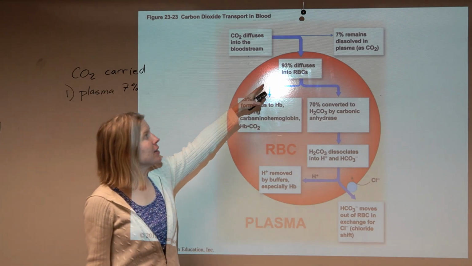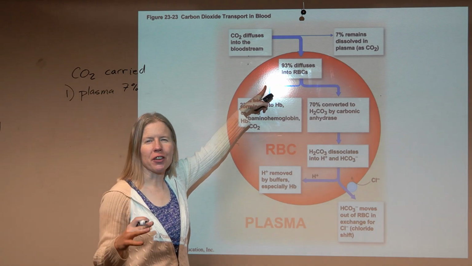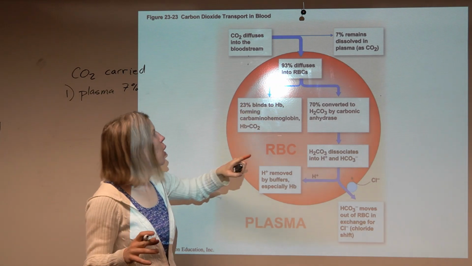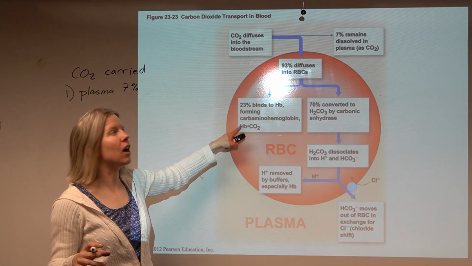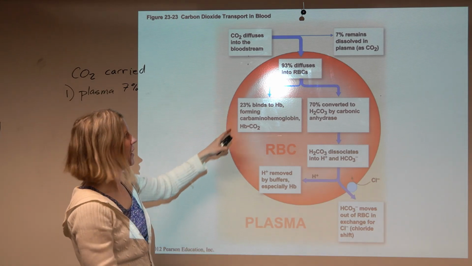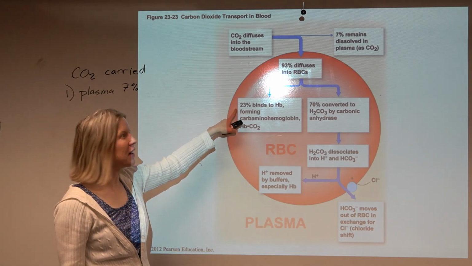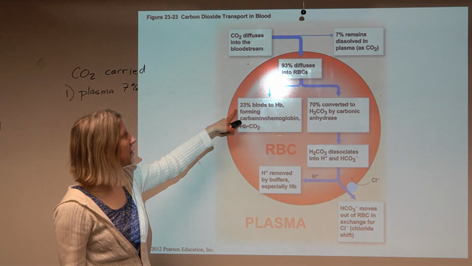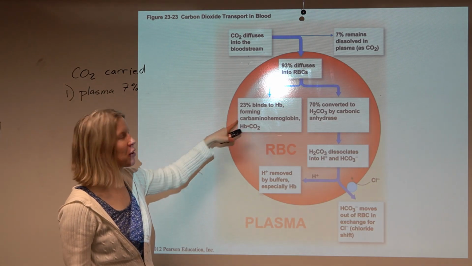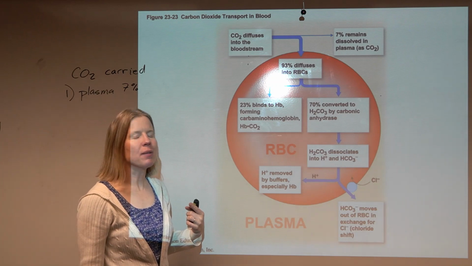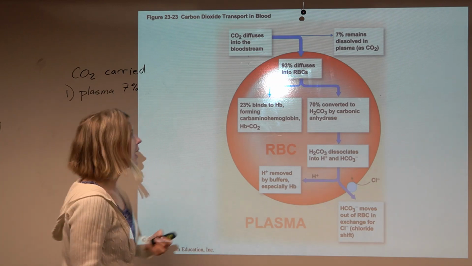The rest of it, 93%, diffuses into the red blood cell. But what we'll see is, still out of 100%, 23% of our CO2 binds to hemoglobin.